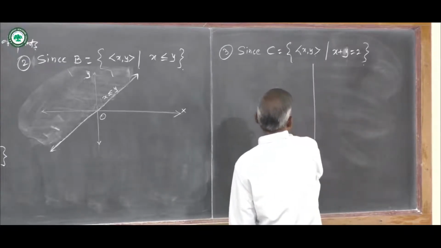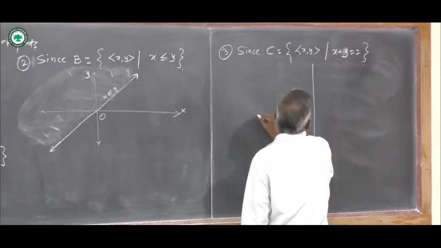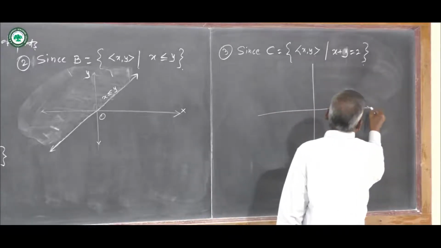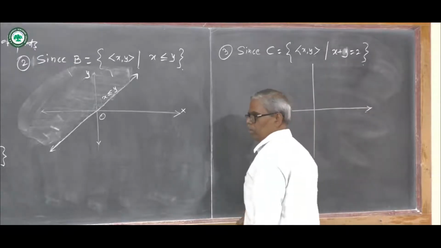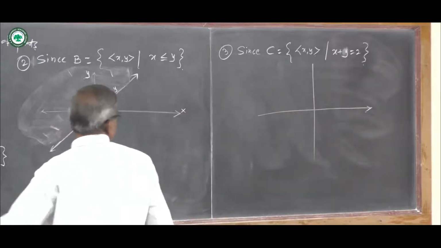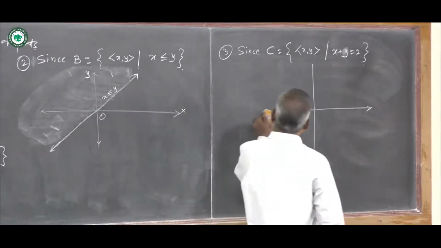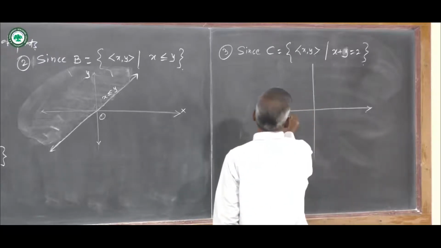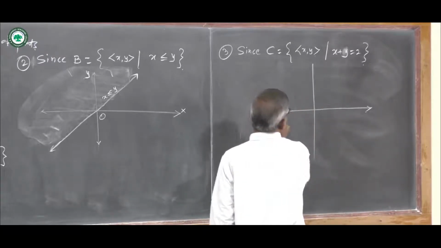All the points which lie on x plus y is equal to 2.